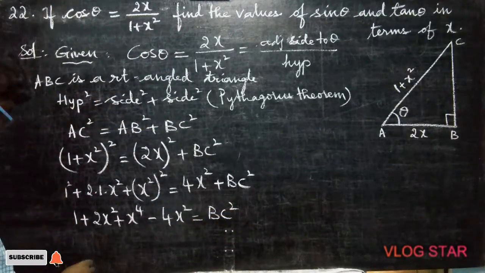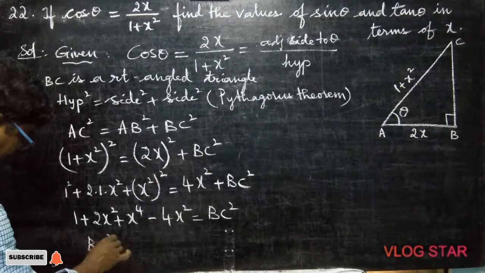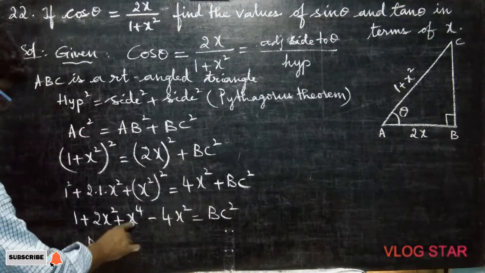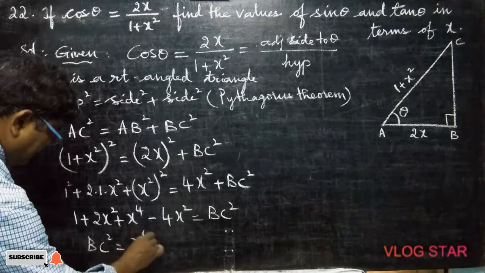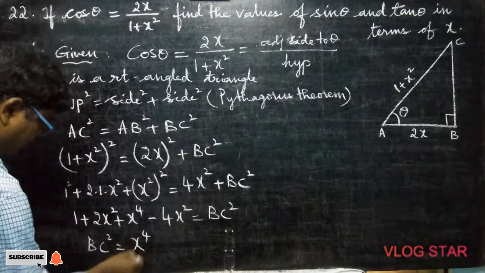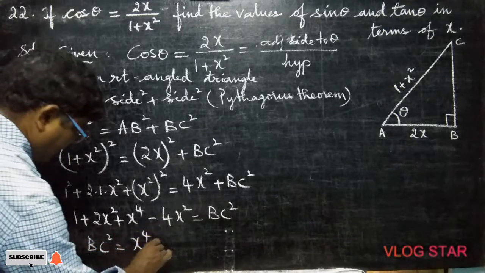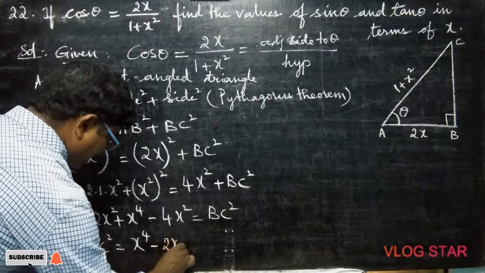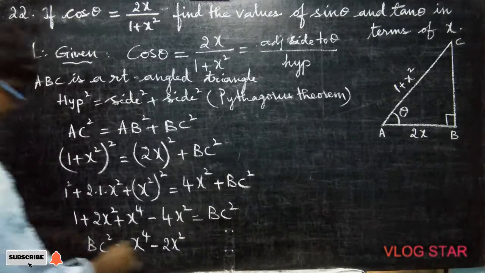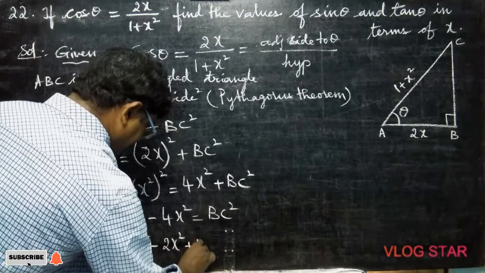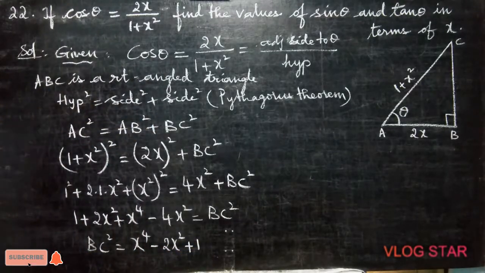Now simplify it. So BC square is equal to, write in order, x to the power of 4, next plus 2x square minus 4x square, so minus 2x square. Next plus 1. Now which formula is it, you know?